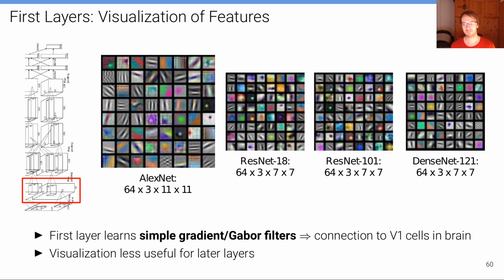And this has some connections to what also happens in the brain, in particular in the V1 cortex, where also very basic patterns like this are extracted. While this works well for the first layer, these visualizations are less and less useful for later layers because it's less intuitive what the filters actually correspond to.